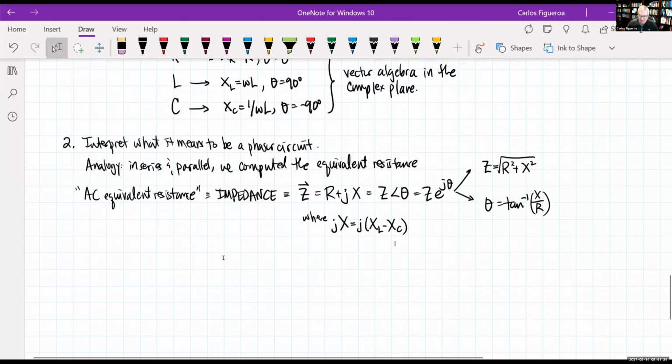So let's look at this. What are the possibilities of a reactance like this? Well, let's look at the phasor diagrams.